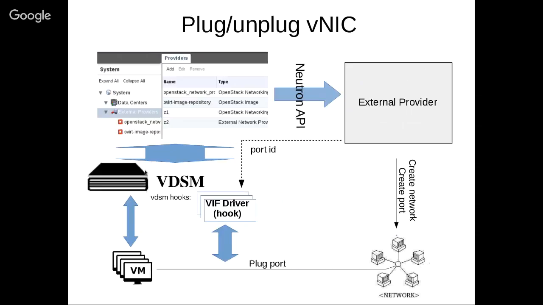First, VDSM creates the VNIC on the VM. It then hands over control to the VIF driver hooks, passing the external port ID. The VIF driver is then responsible for plugging these VNICs to the external networks created by the external provider.